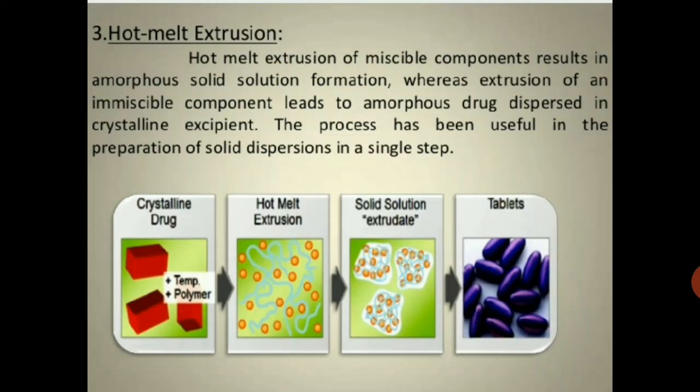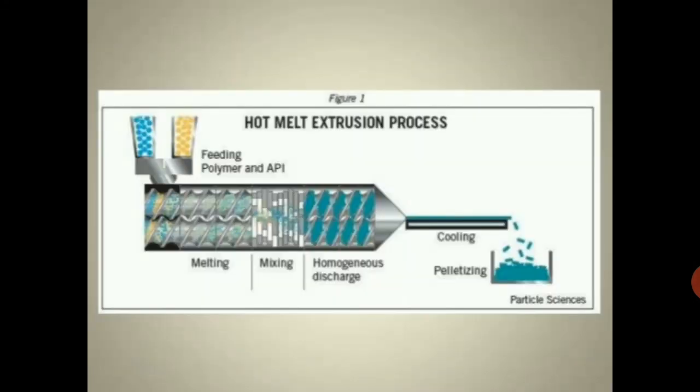The solvent evaporation can be done by spray drying or freeze drying, and the temperature used generally lies in the range of 23 to 65 degrees centigrade. After co-precipitation the dosage form is prepared, suitable to drugs with volatility or poor stability.